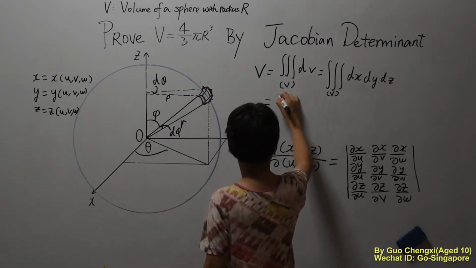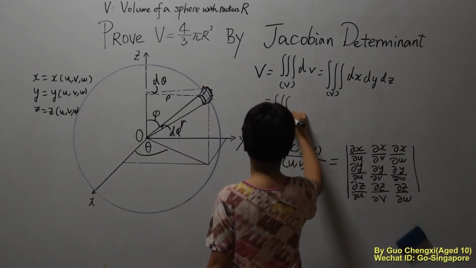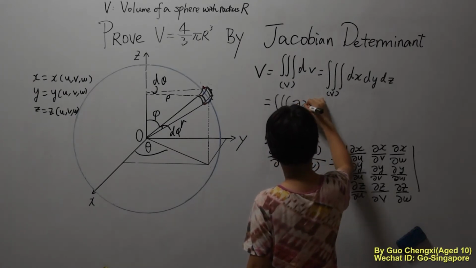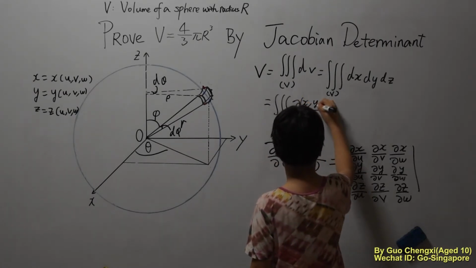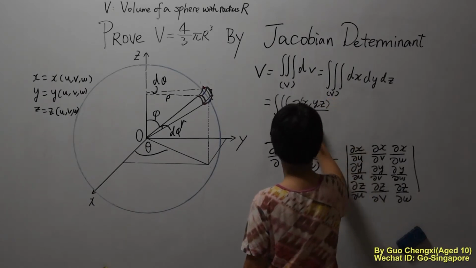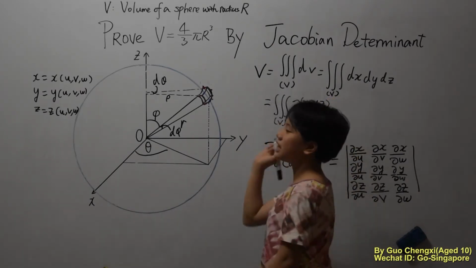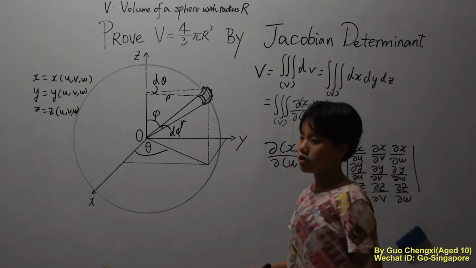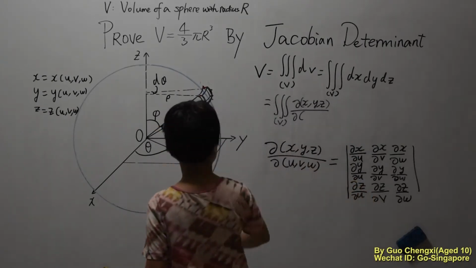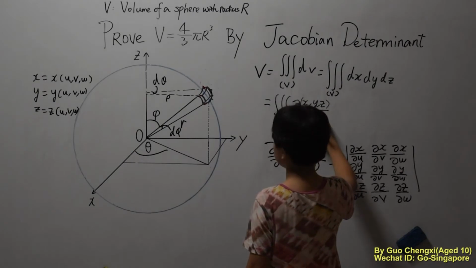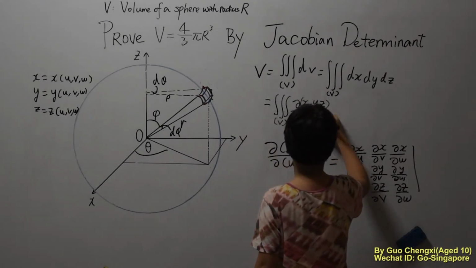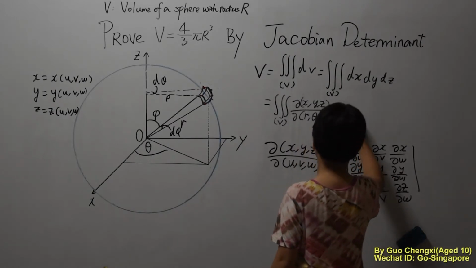Here x, y, z, and instead of u, v, w, because u, v, w we just did generally, we'll be using r, theta, and phi, like this.